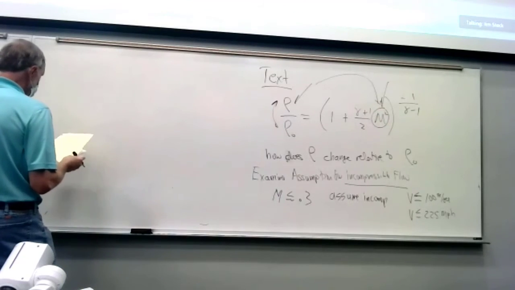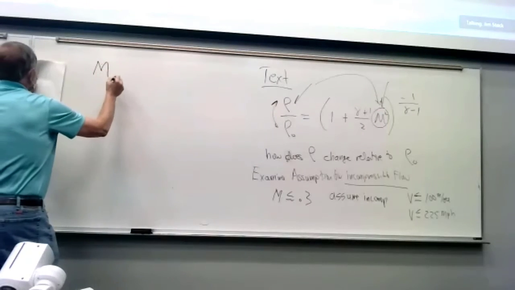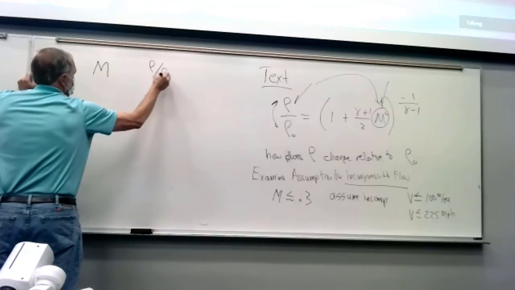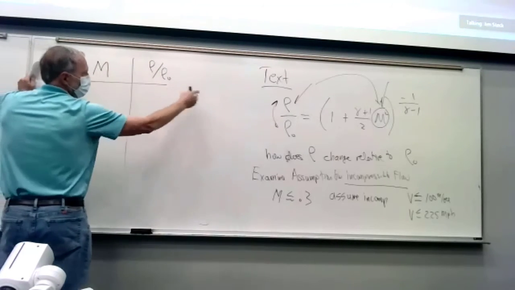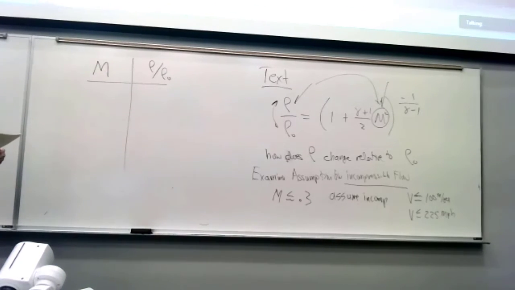So let's make a table. I did this on a spreadsheet. I put Mach number into that formula, and I calculated from this formula at that Mach number what the density change is.